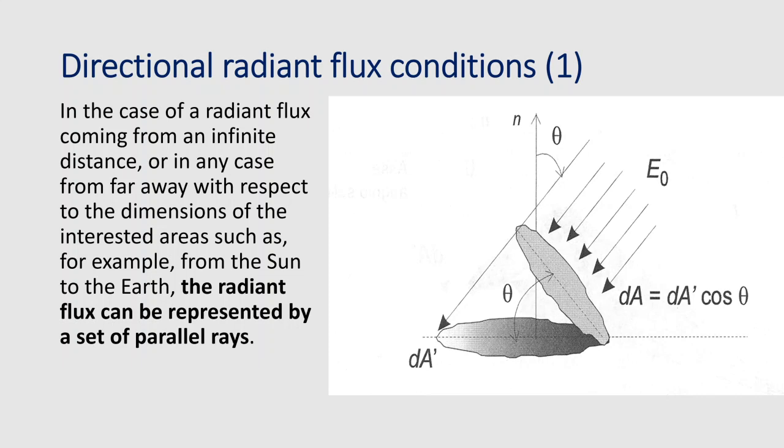So we don't need to take into consideration the fact that the energy is starting from a particular point in an infinite position, but we can consider all the energy represented by a set of parallel rays, in which you see here all the energy that is incident over the surface dA1 can be seen, for example, by the sensor that is in the position perpendicular to the normal n, and is equal to dA1 multiplied by the cosine of the theta angle.